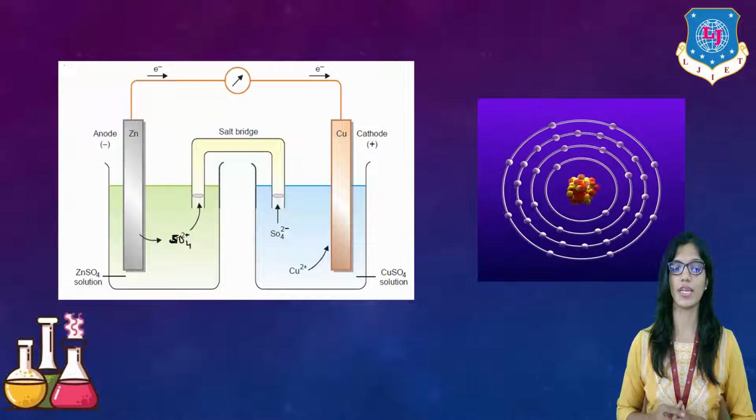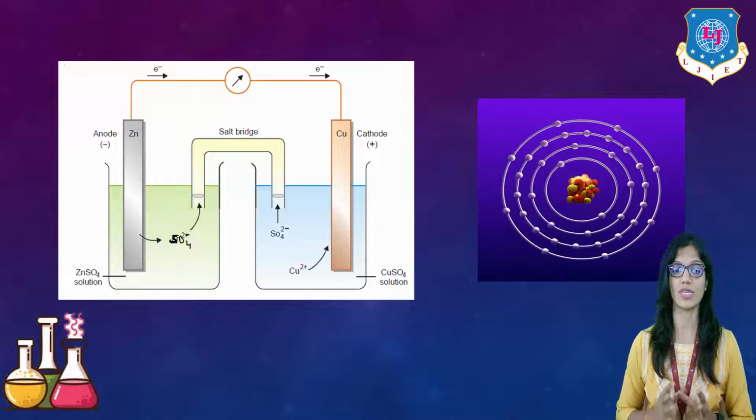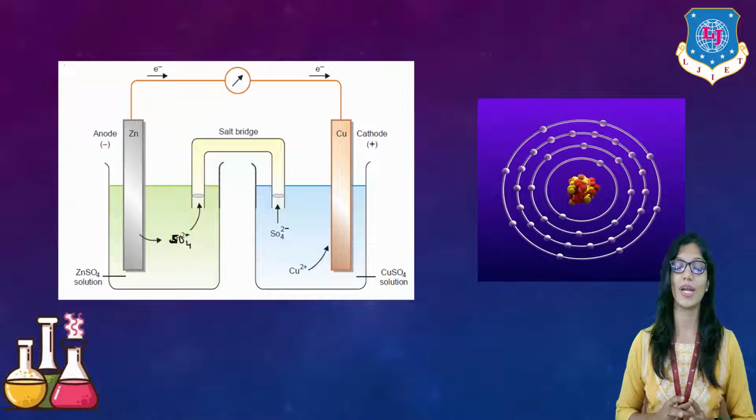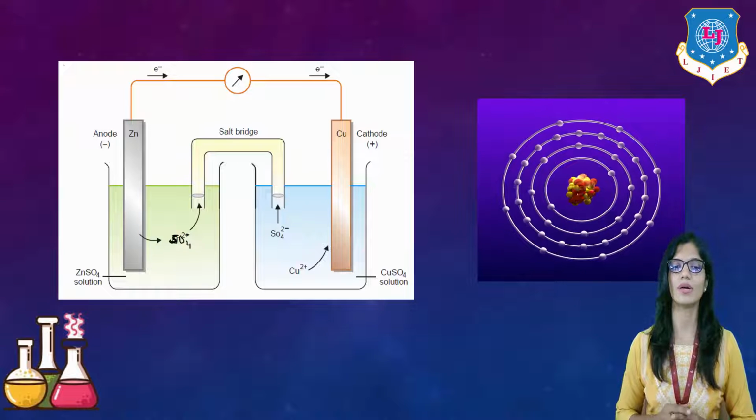So zinc is in contact with ZnSO4 and Cu is in contact with CuSO4. Now, both of these compartments are connected with a salt bridge, which is a U-shaped tube, as you can see in the image, right? So that is known as the salt bridge. And the plates are connected with a wire.